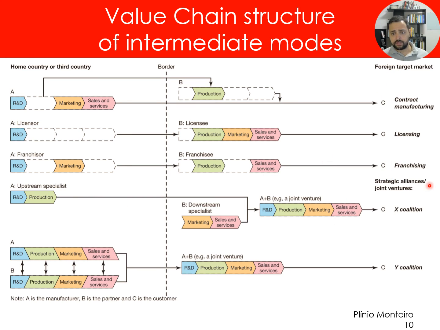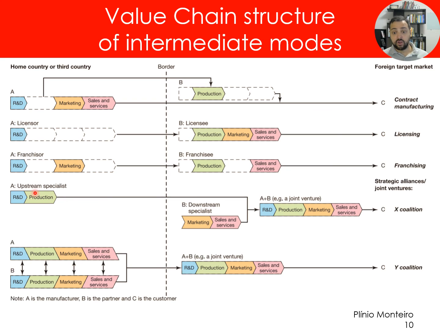Let's look at strategic alliances and joint ventures. First, we can have what we call an X coalition. In that case, you have some upstream specialists, companies that are able to develop the technology and to produce your products and services.